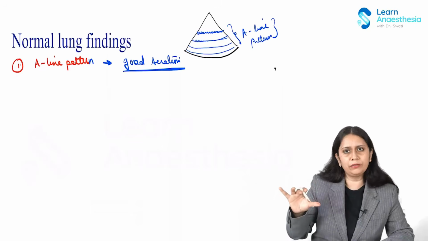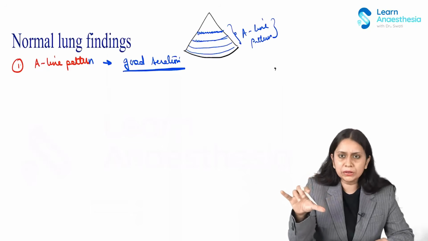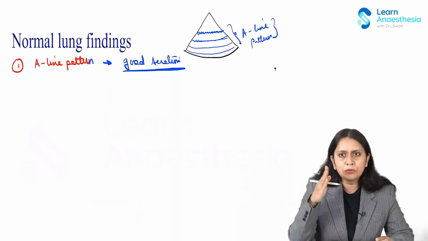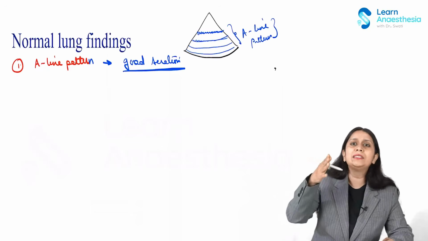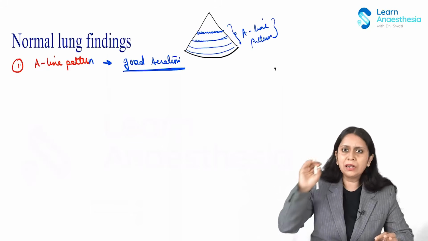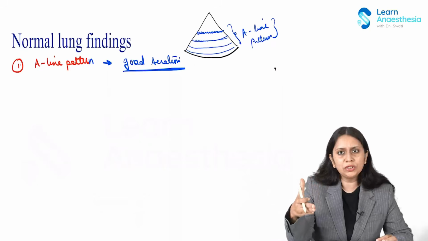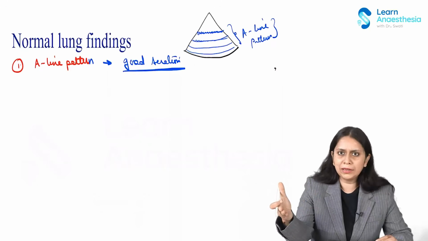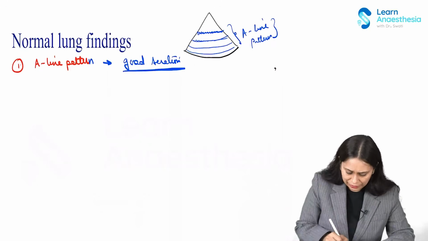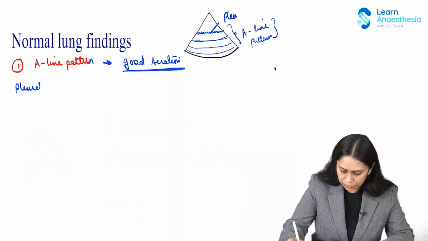Now, when we put the ultrasound probe in between the two ribs, in the vertical direction, that is parallel to the long axis of the body, then we get this pattern. And what does it represent? The ultrasound waveform is completely reflected from the junction of the pleura and the normal aerated lung tissue. So this is the first line I am talking about, the pleural line.